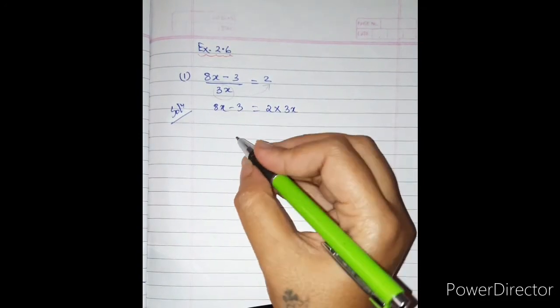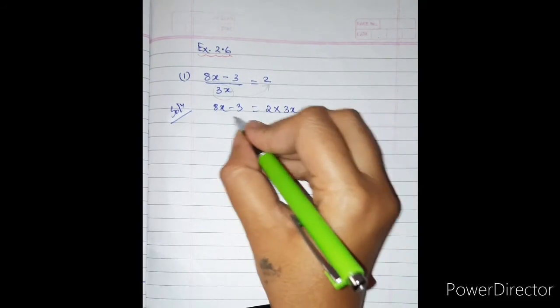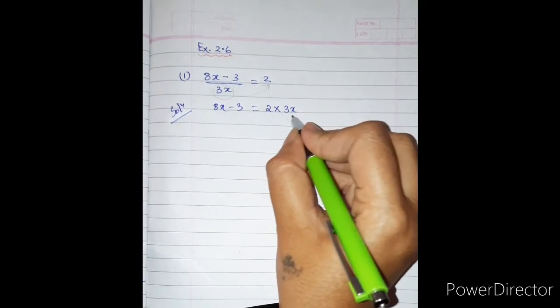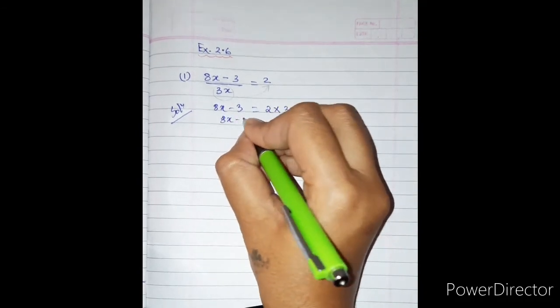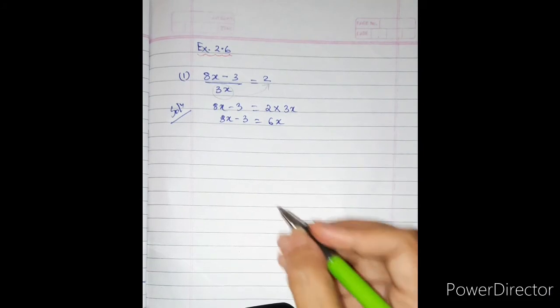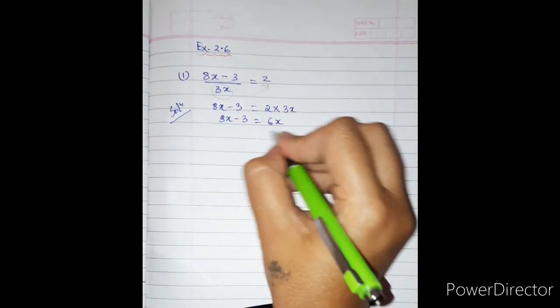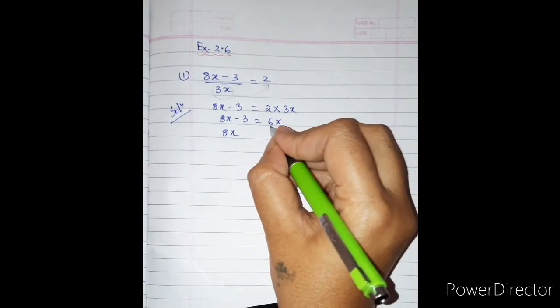Okay, then now the variables bring together, but before that, see here, if this is multiplied, so 2 3s is 6x. So let me write 8x minus 3 is equal to 6x. Now it's become much simpler. So variable take on one side, number on one side. 8x, 6x is a plus here.